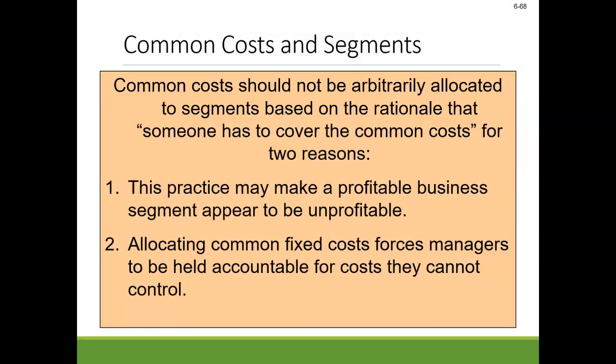Common cost, of course, shouldn't be allocated to segments. Oftentimes people think it's got to be covered somehow, but basically, if you can't trace those costs to that segment, it's not applicable in determining if it can be profitable.